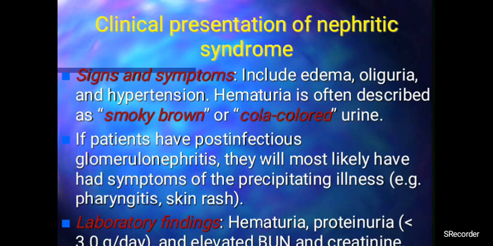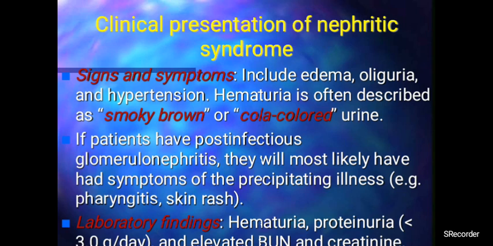We should know these features which distinguish between nephrotic and nephritic syndrome. In nephrotic, we didn't see hematuria. Hypertension wasn't that seen in nephrotic syndrome, and in nephritic syndrome, although we have edema and proteinuria, they are less severe as compared to nephrotic syndrome.